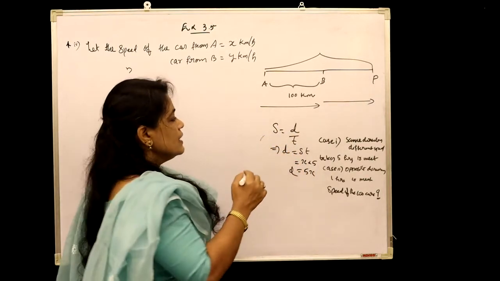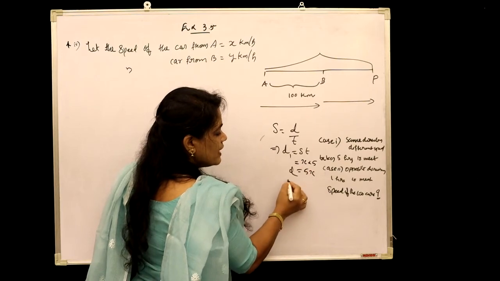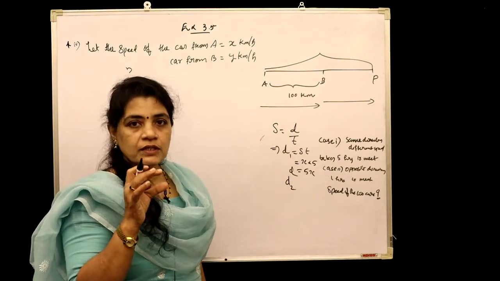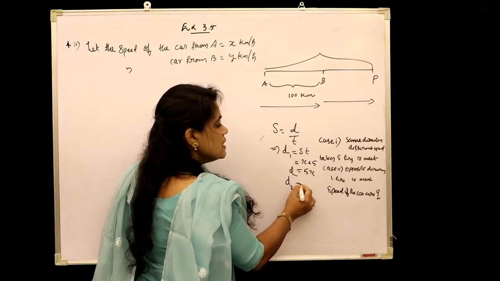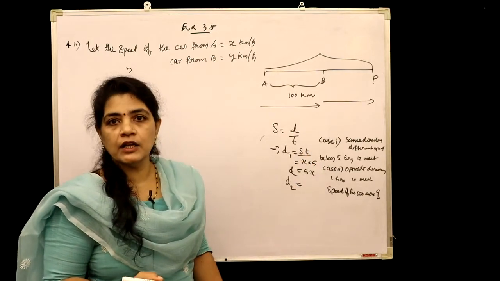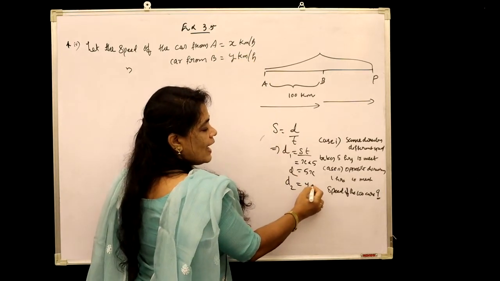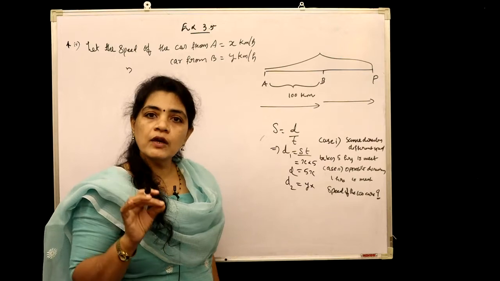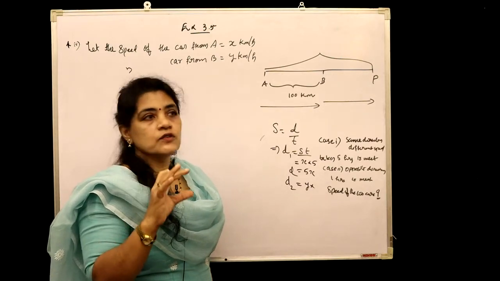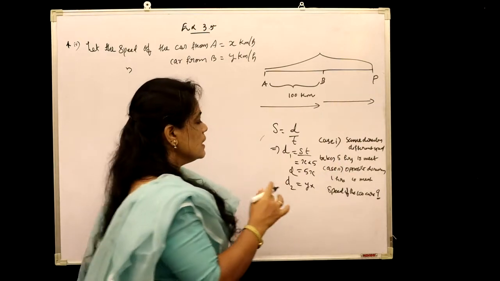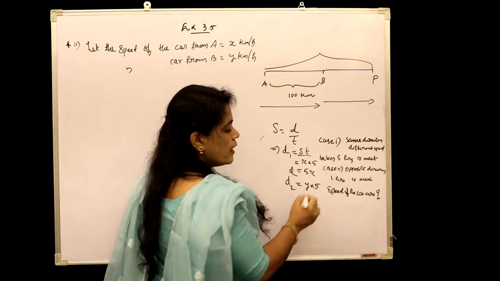Okay, so in that case, if the first distance is D1, the distance travelled by the second car, car B, is suppose D2. Since distance is equal to speed into time, the speed we have taken is y, and the time for car B is also 5 hours to reach P from B. So that is 5y.